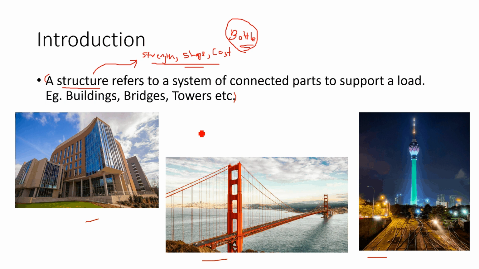What we define as an engineering structure is any structure that contributes to the infrastructure of a particular unit. I hope everyone knows the meaning of infrastructure. Whatever I have uploaded here are engineering structures. We can see buildings, bridges, towers, roads, even highways. Those are engineering structures.